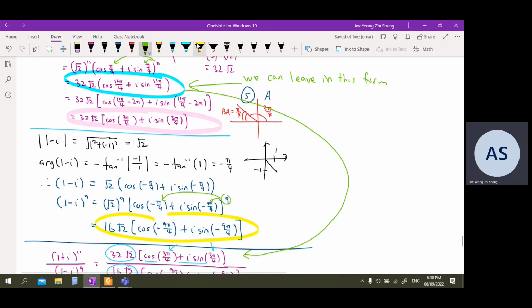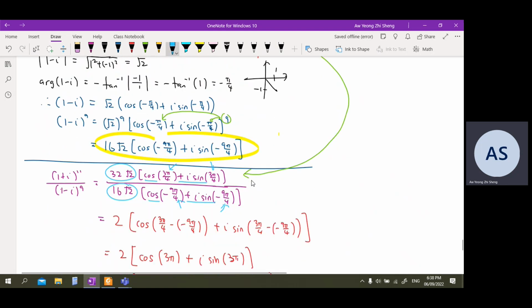So it's not a must to do the last two lines in purple color. It would still work that way, as long as you have modulus argument form at both the numerator and the denominator, then it would be easy to do the division.